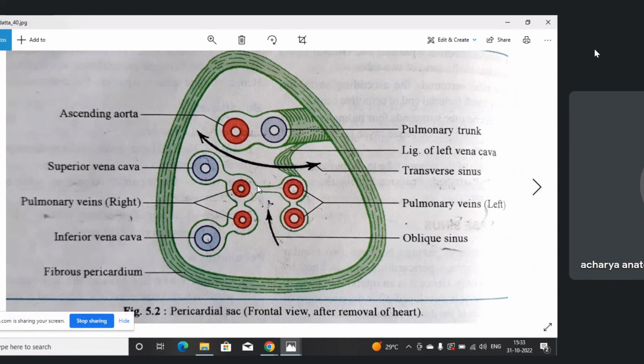Whenever you tap anteriorly, the front side, you get the ascending aorta and pulmonary trunk. When you tap the back side, you get the superior vena cava. You tap above, you get the bifurcation. You tap below, you get the left atrium. Those are the transverse sinus boundaries. If you search online, you get a good diagram; check its boundaries once.